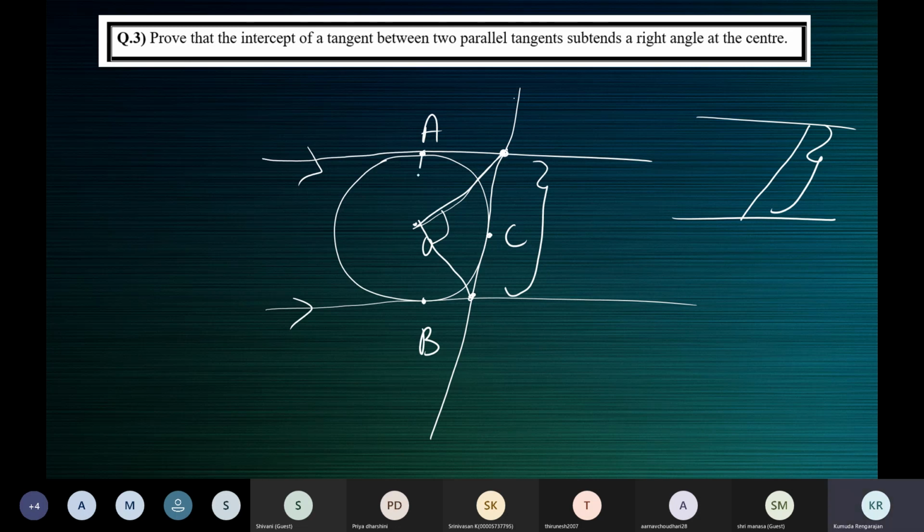So join AOB, that will be the diameter, because I told you in the last class that when two tangents are parallel to each other and you join their points of contact, A and B, AB will be the diameter of the circle. That is, AB will pass through O.